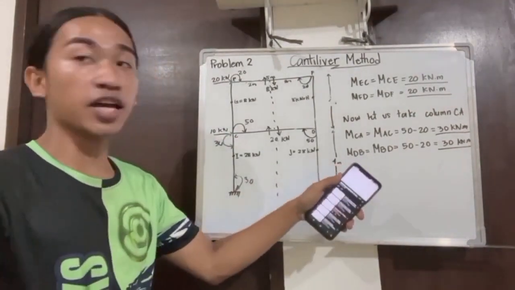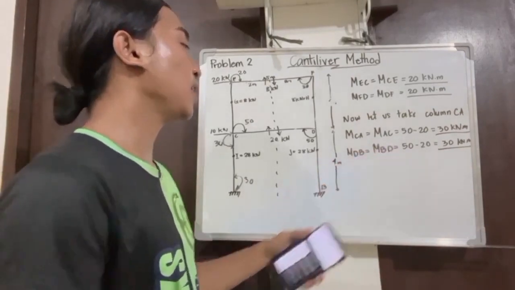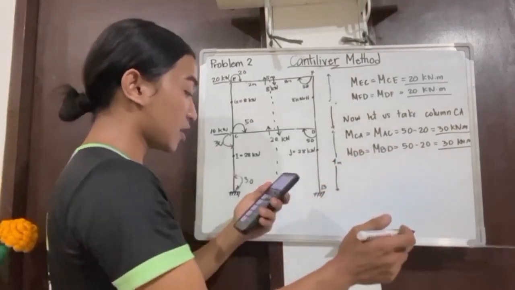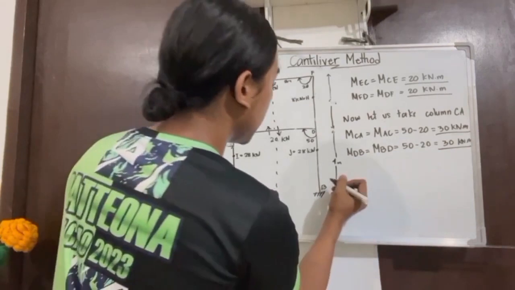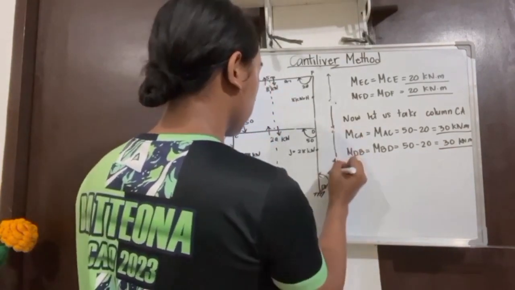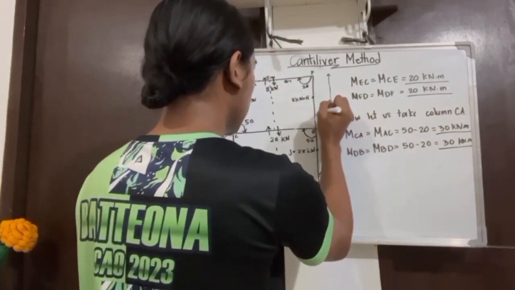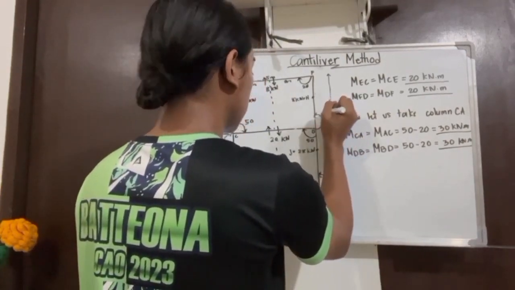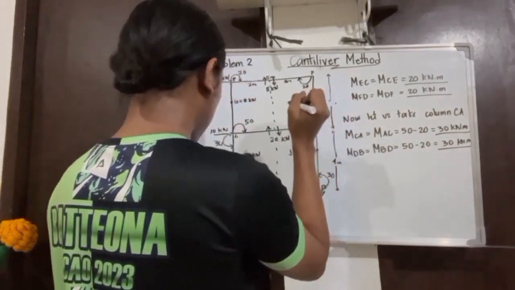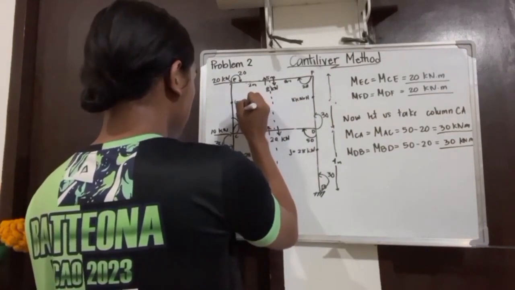So it is the same for MDB or MBD, 50 minus 20, so we got 30 again. Here it is 20.